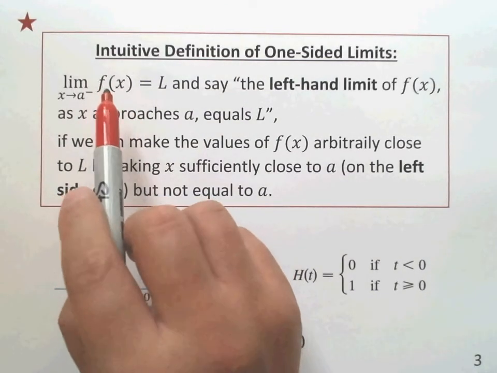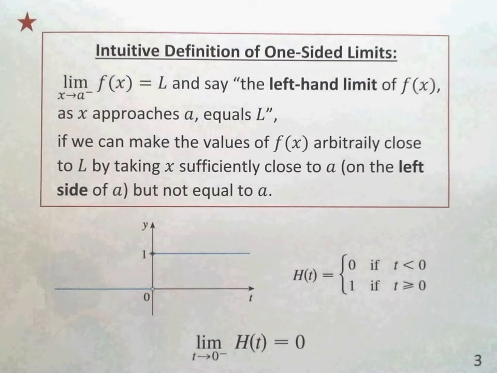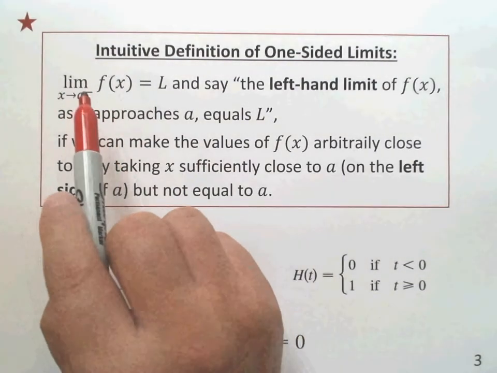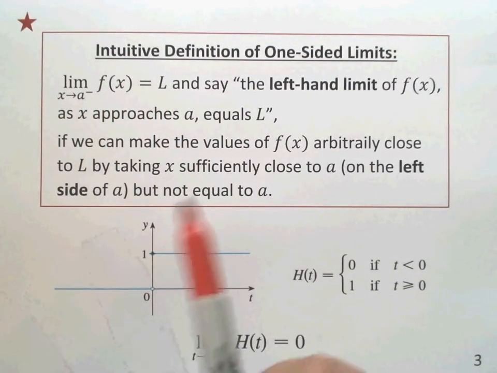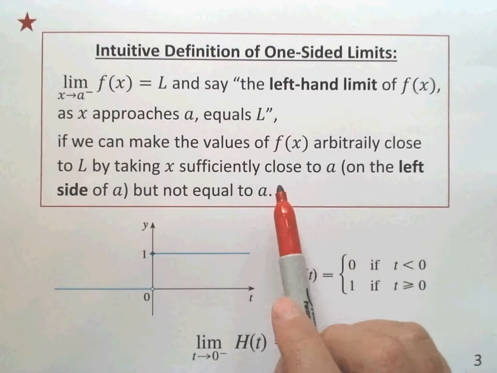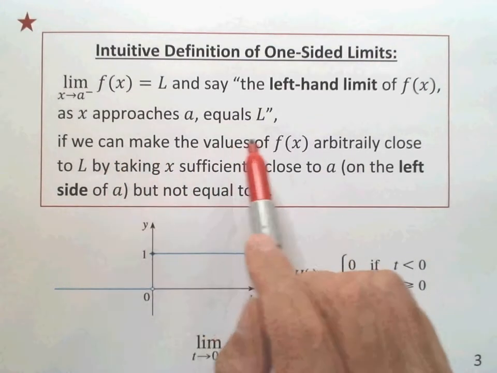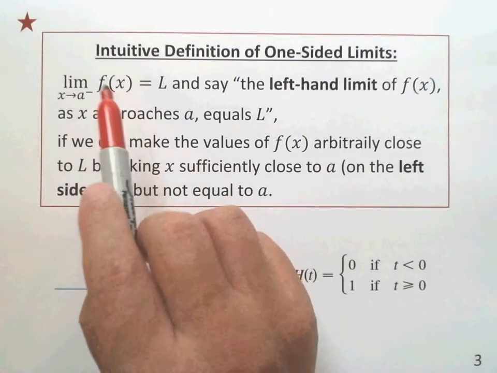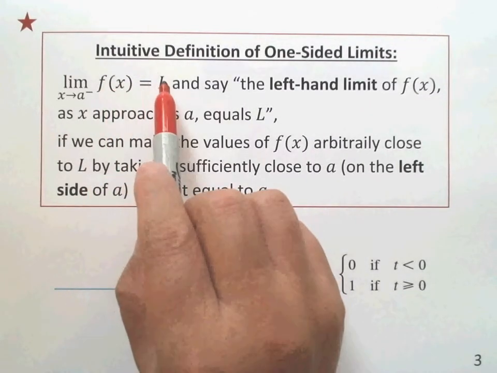The left-hand limit equals L as x approaches a. Or we can say as x approaches a from the left side, the limit equals L. It's the same. Can you see what the definition is? Still the same. If we can make the value of f(x) arbitrarily close to L, how close?